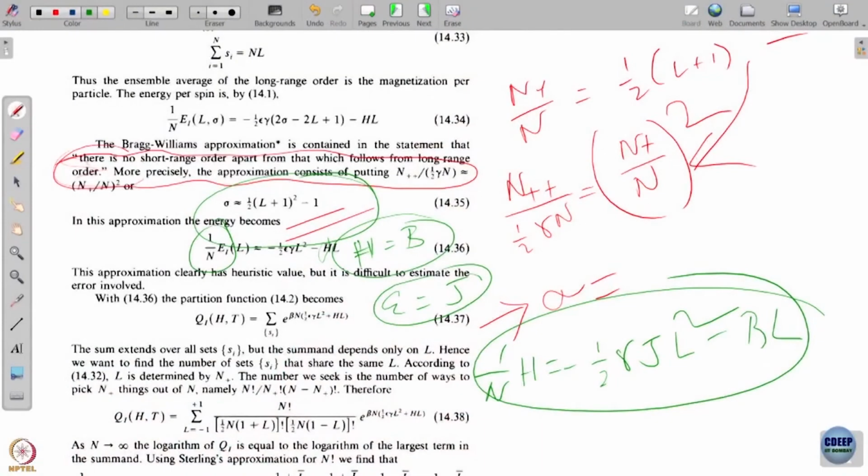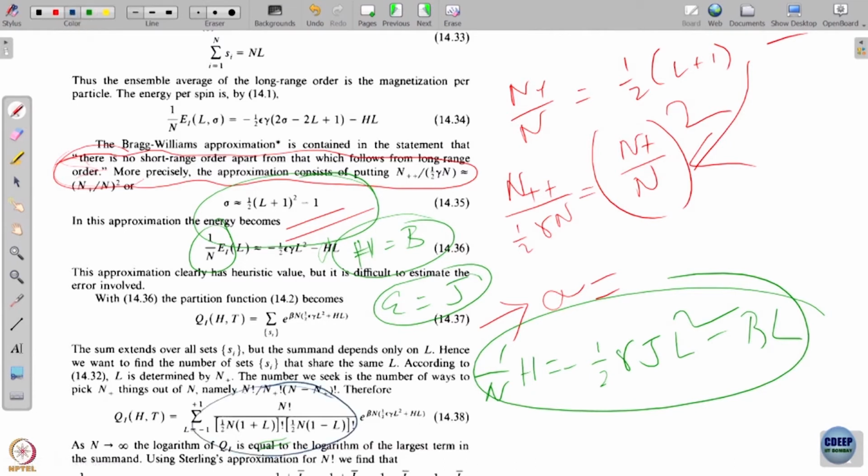I know how many ways I can get n plus up spins in n, and that of course is n factorial over n plus factorial times n minus factorial, where n plus is half n times 1 plus L, and the other is half n times 1 minus L. So that is what I have written here.